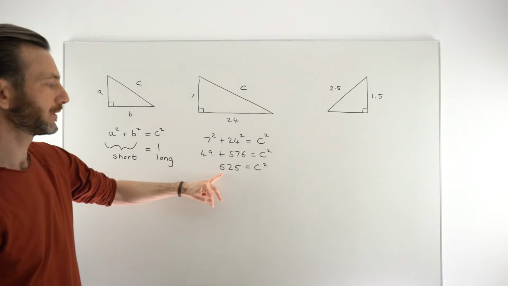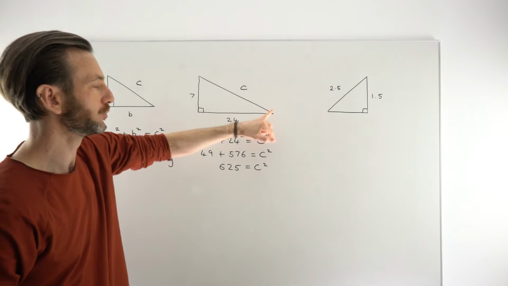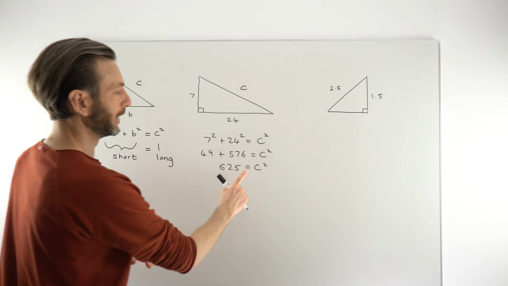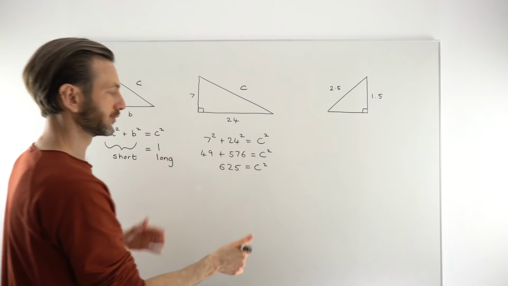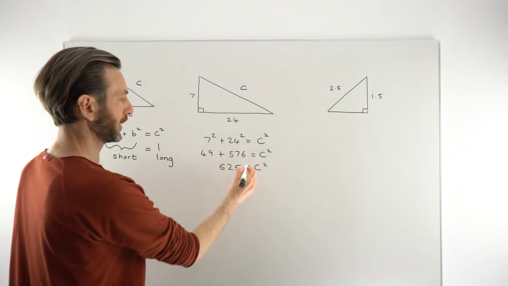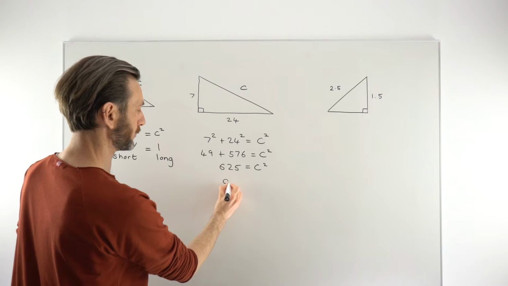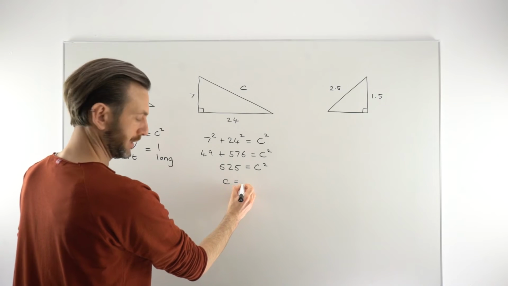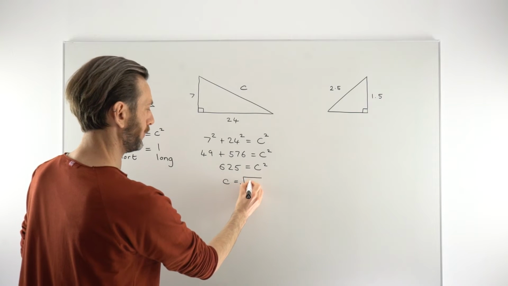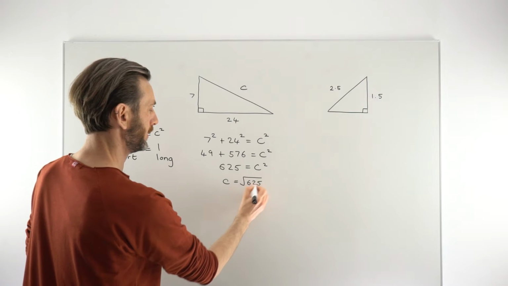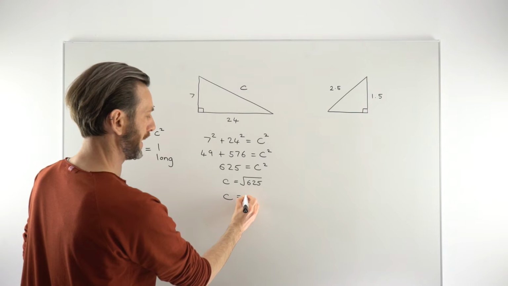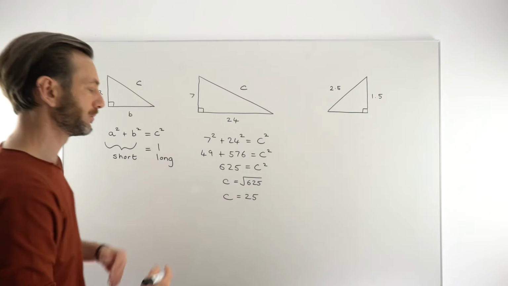Now, 625 is not our final answer. Obviously, that would be way too big for side C, because that's equal to C squared. So we need to square root both sides of the equation to get the C value. Or you could just go straight to C equals the square root of 625, and the square root of 625 is 25. So that's come out to be a whole number.